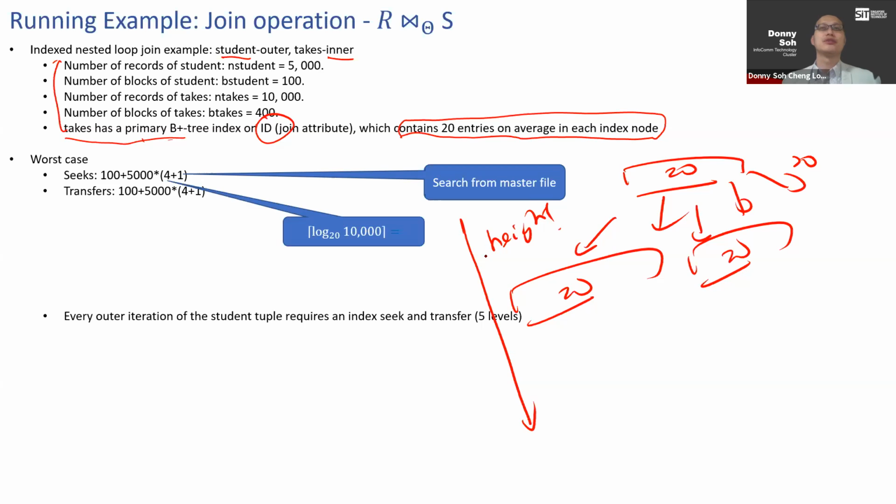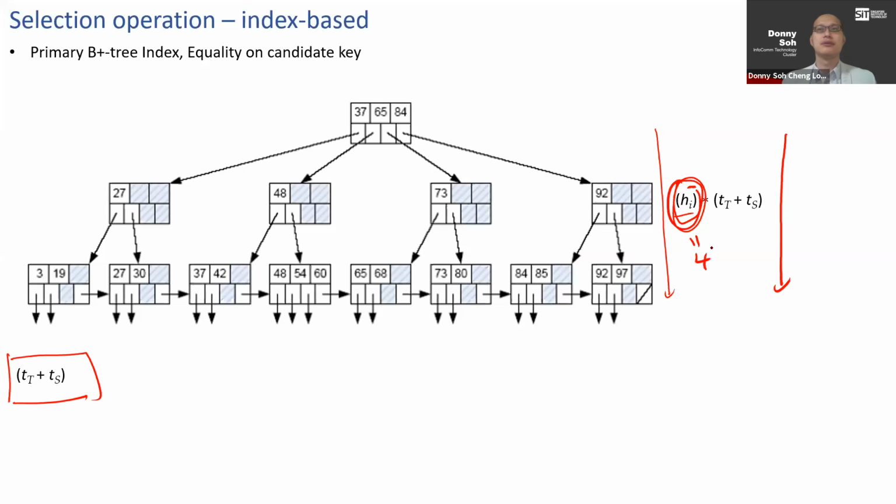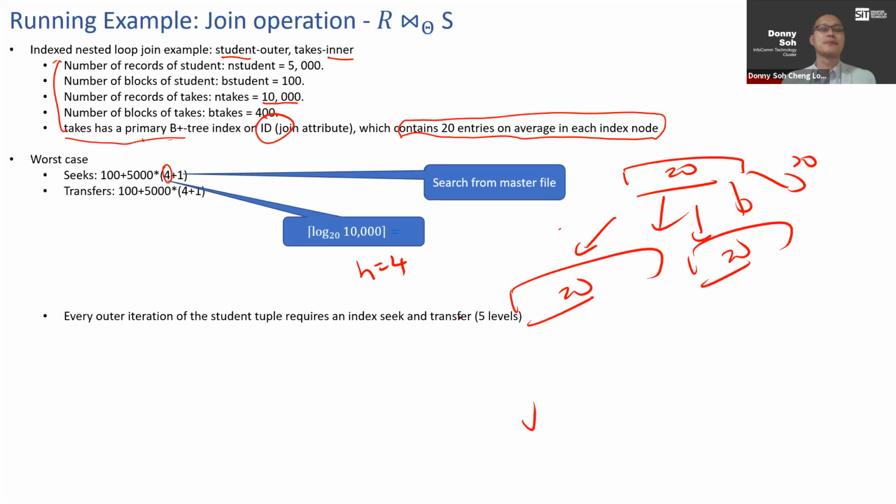The height of my B plus tree is going to be equal to log base 20 of my number of records here, because it's ticks, which equals 4. So H is equal to 4.